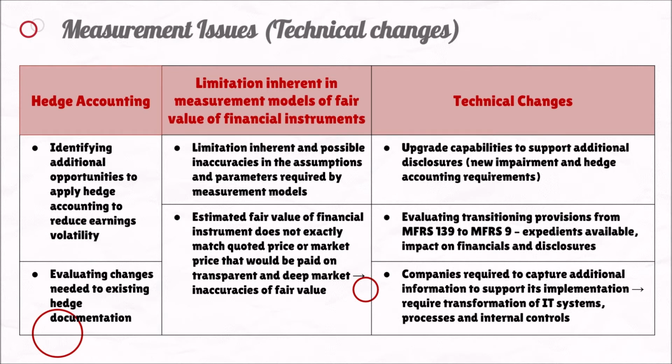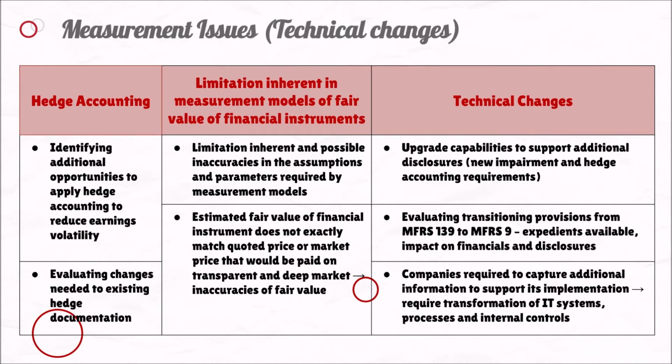MFRS 9 requires financial assets and financial instruments to be measured in terms of fair values. As a result, there will be limited inherent accuracy in the measurement models of fair value of financial instruments. In this case, there will be limited inherent and possible inaccuracies in the assumptions and parameters required by the measurement models.